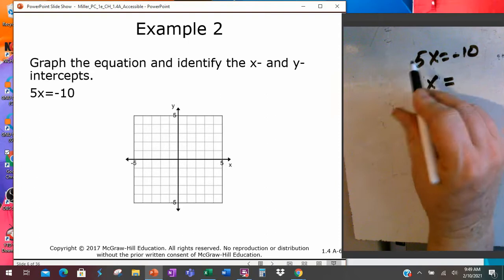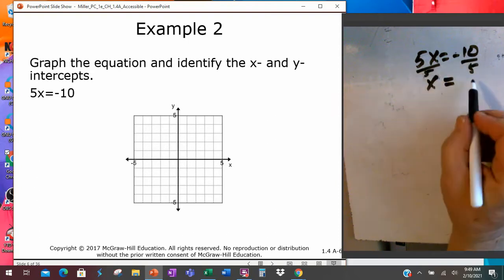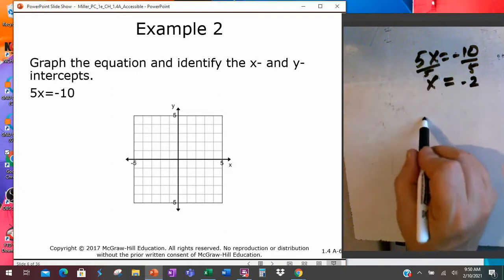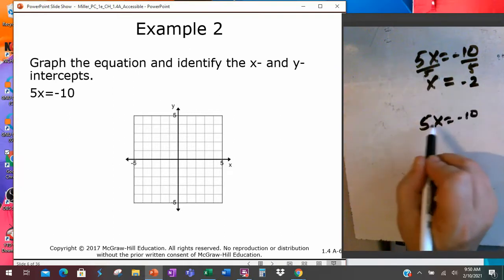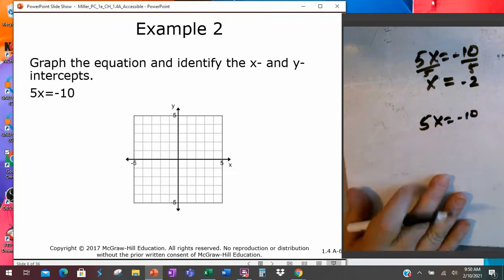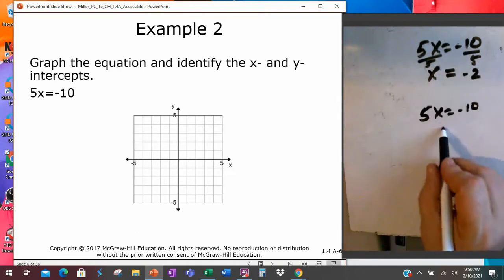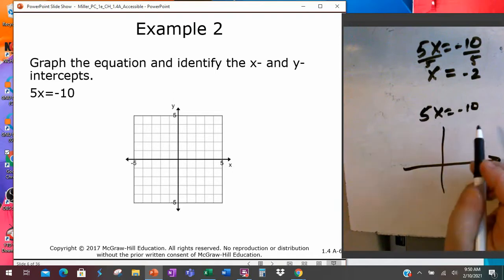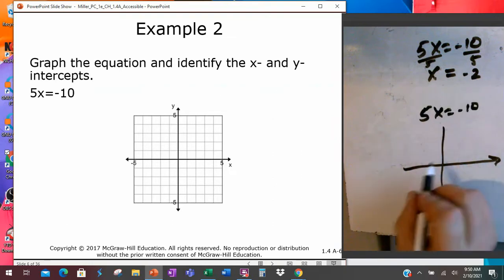Here I solve for x. This is all I can do for this one. x is equal to negative 2. I can say 5x is equal to negative 10, but what about x equal to 0? Then that's not a valid equation. So this says that I've got some constant graph here. x is equal to negative 2.